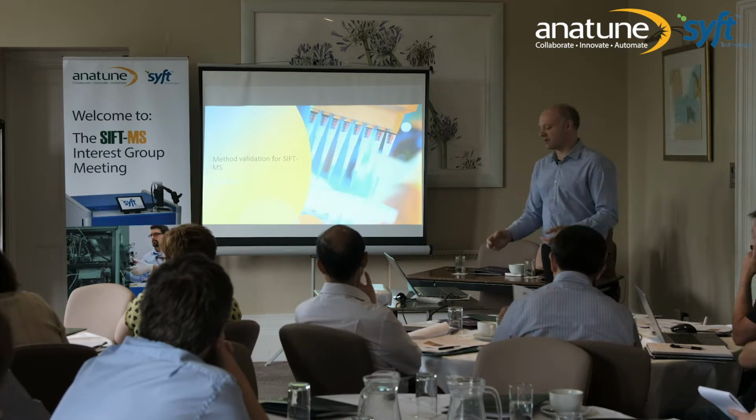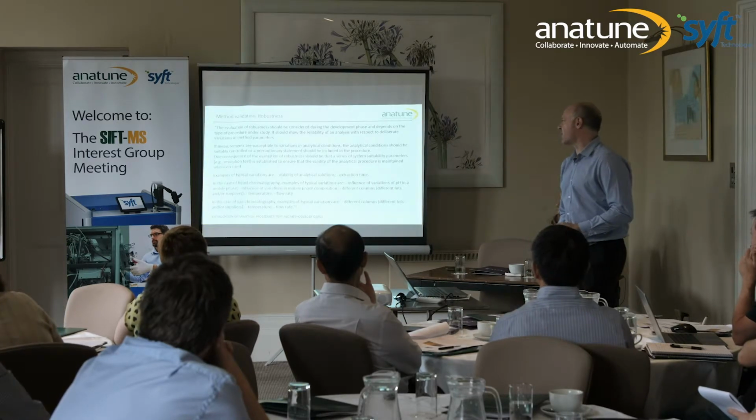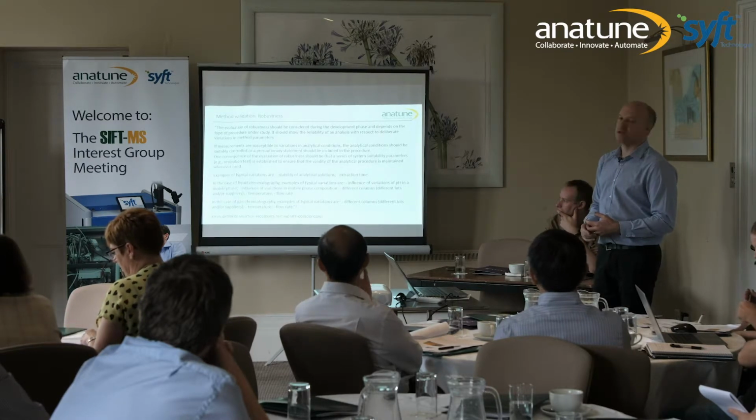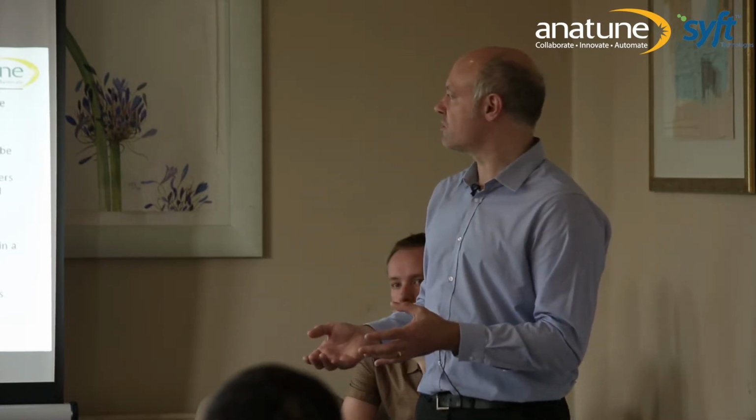Basically what robustness is talking about is, if the instrument has things that vary over time that you can't control, does the method still give you accurate and precise results even though that variation is taking place?